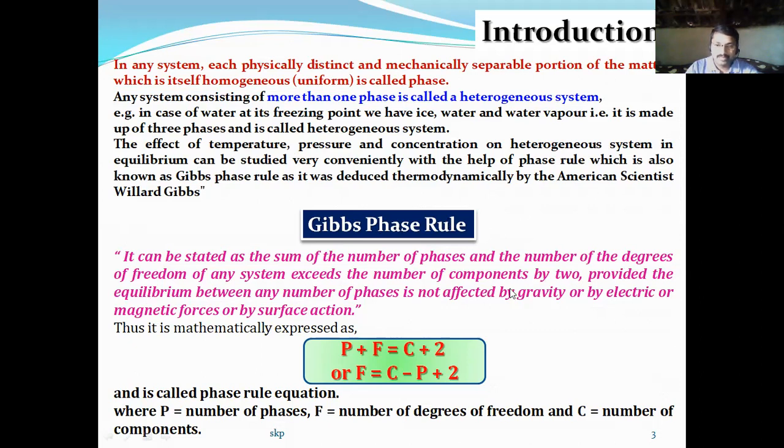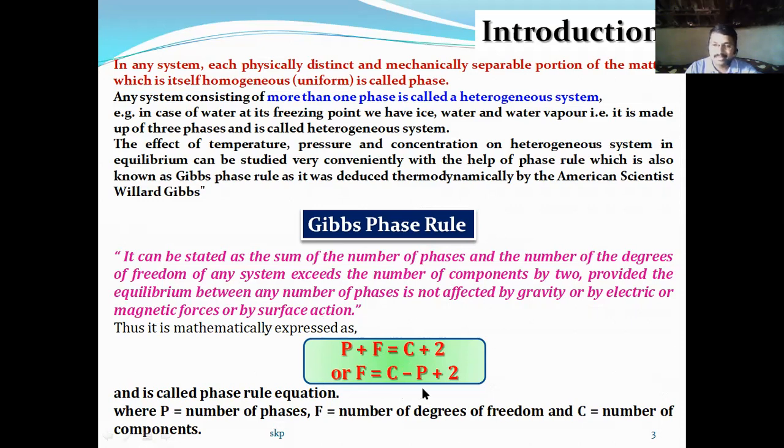The Gibbs phase rule states that the sum of the number of phases and the number of degrees of freedom of any system exceeds the number of components by 2, provided that the equilibrium between any number of phases is not affected by gravity or by electric or magnetic forces or by surface action.